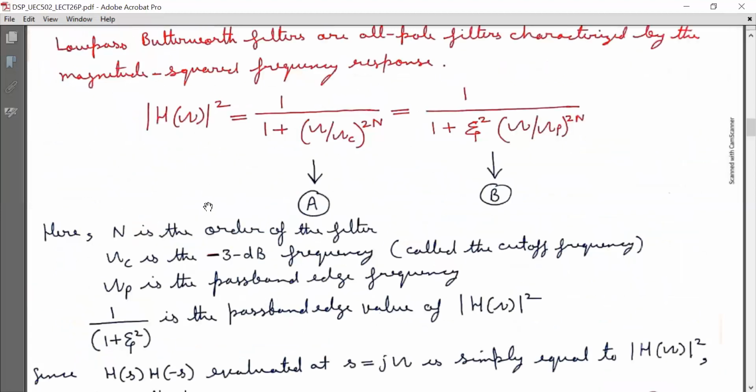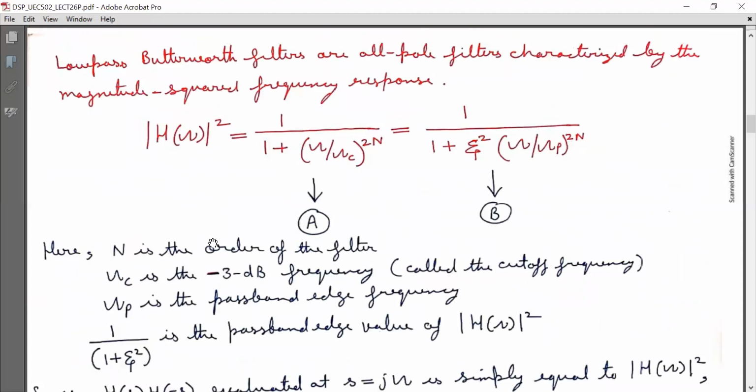Now the low pass filters are all pole filters characterized by the magnitude squared frequency response: magnitude H(omega) squared is equal to 1 by 1 plus bracket omega by omega c raised to power 2N, mark it as equation A. And magnitude H(omega) squared is also equal to 1 by 1 plus epsilon squared bracket omega by omega p raised to power 2N, mark it as equation B. So for the magnitude square function, I have two equations A and B. Here capital N is the order of the filter.